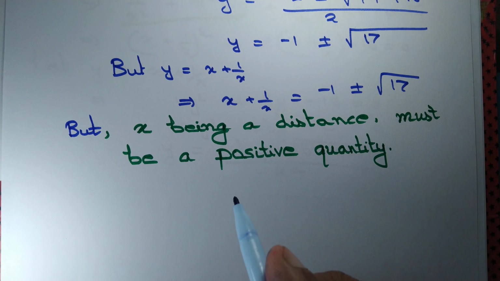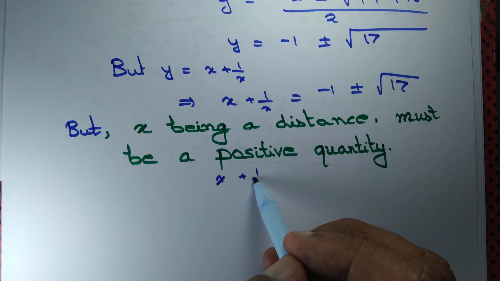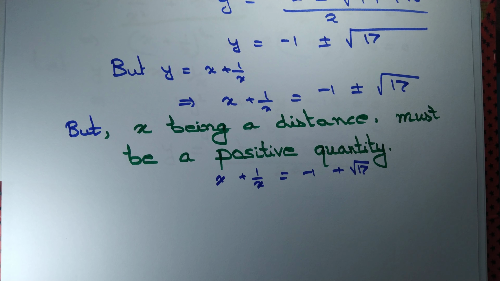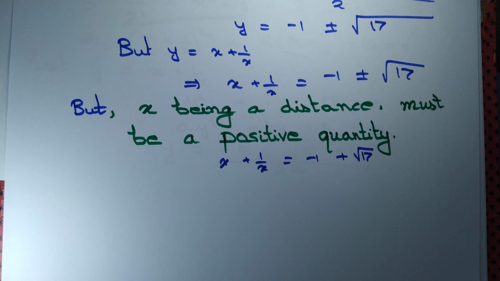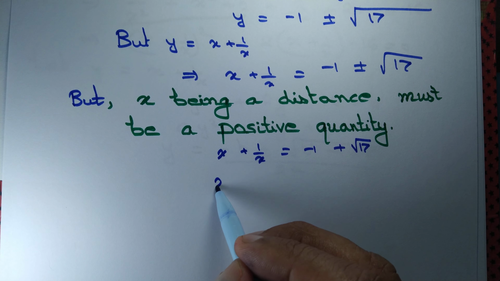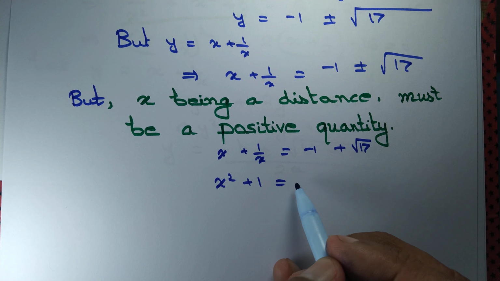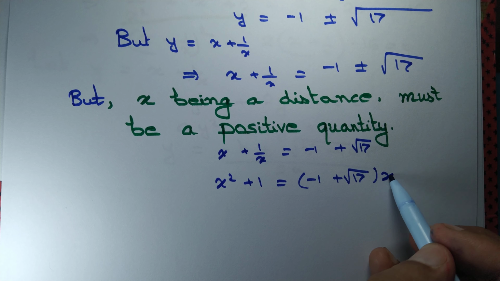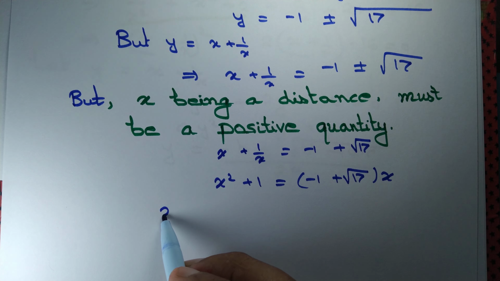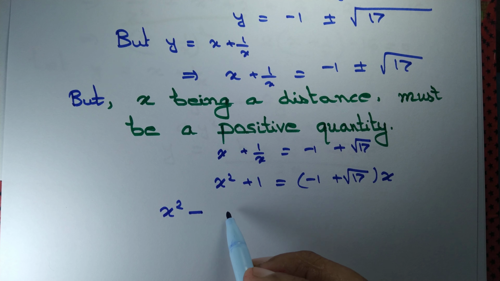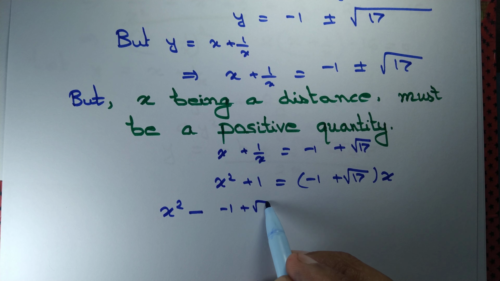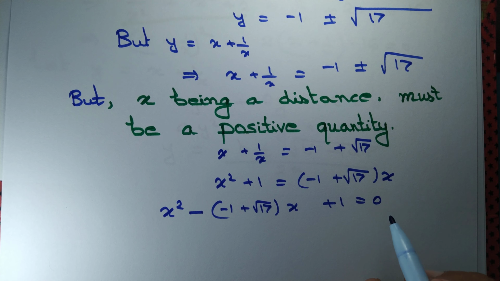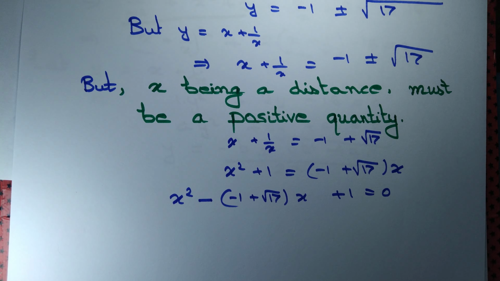So we must have x plus 1 by x equals minus 1 plus root 17. Now let's multiply by x throughout to obtain x square plus 1 equals (minus 1 plus root 17) times x. That can simply be written as x square minus (minus 1 plus root 17) times x plus 1 equals 0. Once again, this is a quadratic equation.